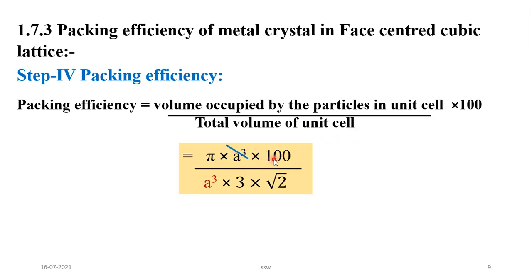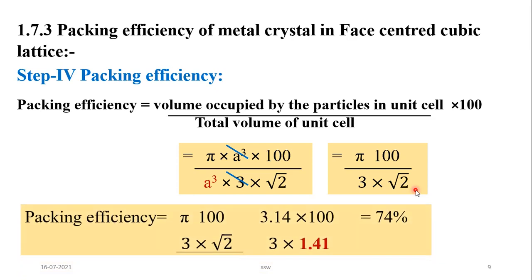So if you calculate it, a cube and a cube cancel, and what remains is pi into 100 divided by 3 into root 2. That is the packing efficiency of FCC.